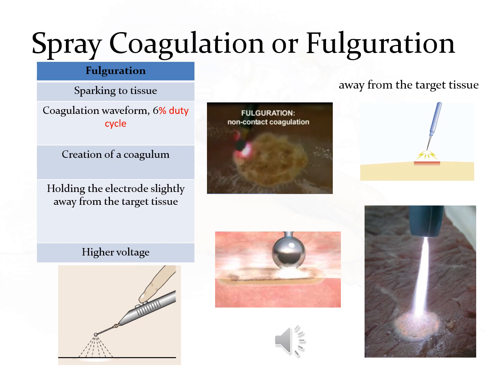The term fulguration refers to a superficial tissue destruction. This is undertaken by passing sparks from a needle or a ball electrode of small diameter to the tissue. When the electrode is held near the tissue without touching it, an electric arc is produced whose heat dries out the tissue.